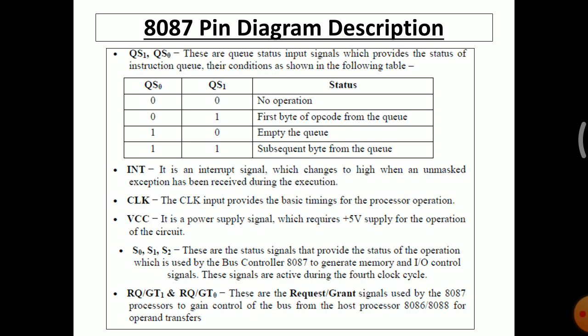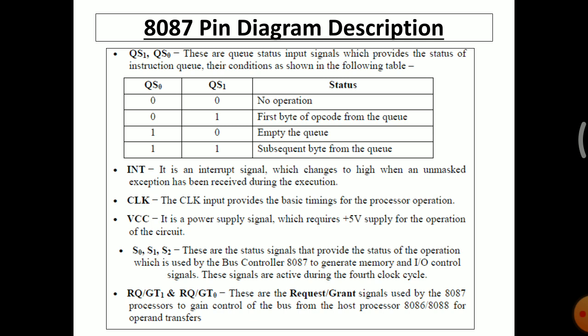Okay, so here we'll stop the introduction part and pin diagram part of the 8087 math coprocessor. In the next lecture, we'll discuss the various data formats and data types that are supported by the 8087 math coprocessor.